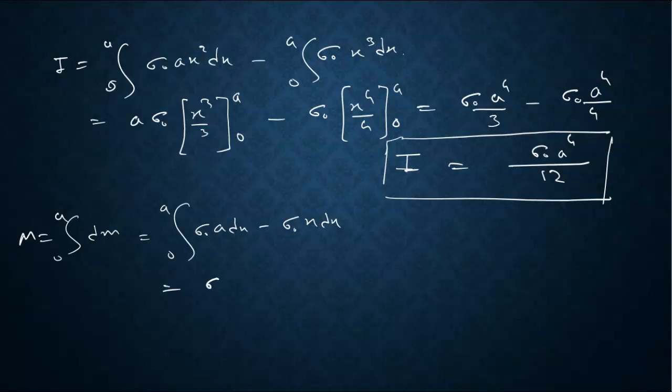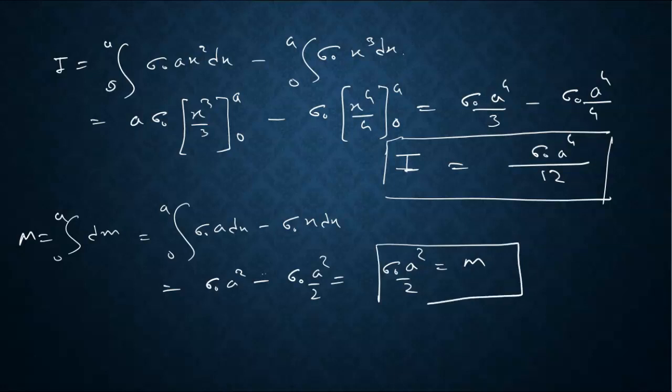That is sigma naught a square minus sigma naught a square by 2, which equals sigma naught a square by 2. So that equals the total mass, right? So sigma naught equals 2m by a square.